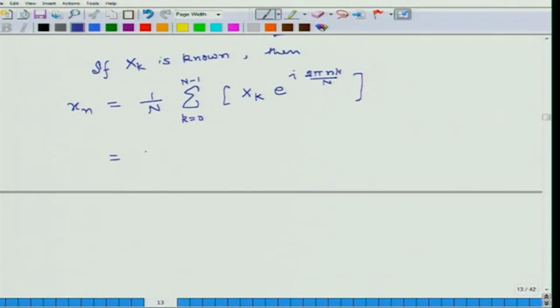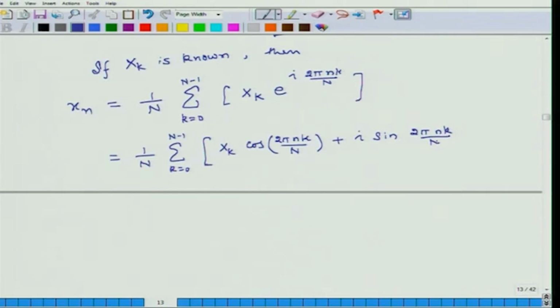In trigonometric format, it is 1 over N sum for k equals 0 to N minus 1 of X_k times cosine of 2 pi n k over N plus i sine of 2 pi n k over N. So that is my inverse transform.